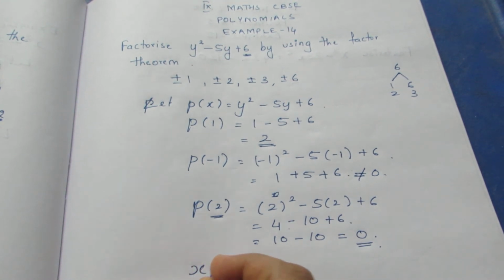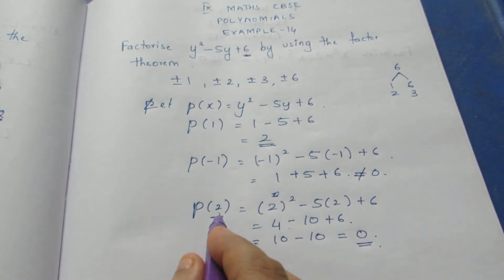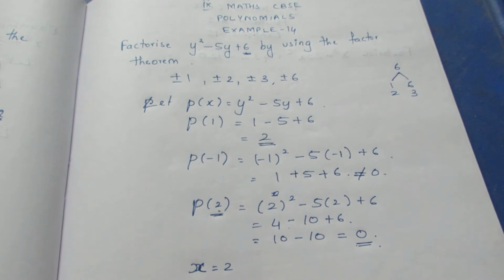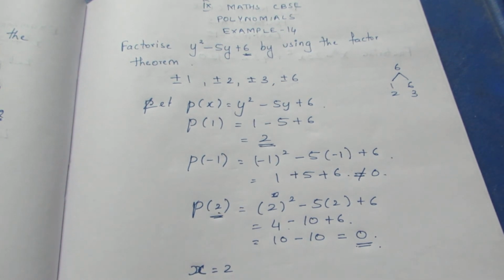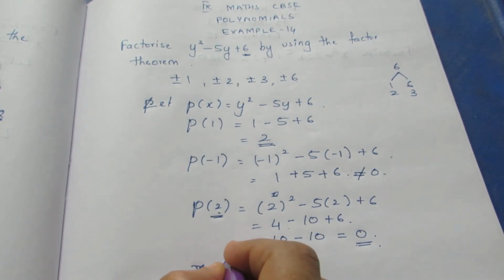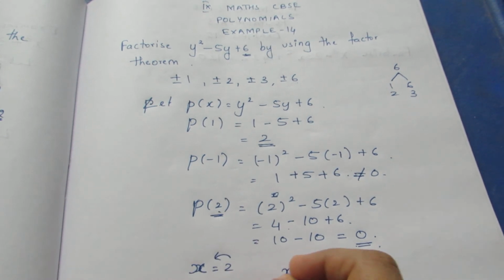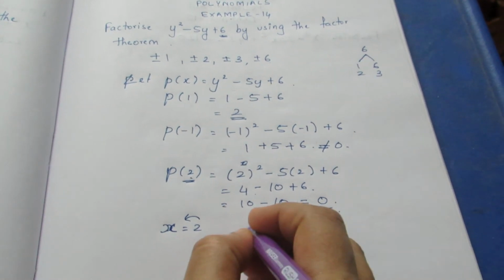So y is equal to 2. If 2 is the root, then y equals 2. If I take y to this side, it becomes y minus 2, which will be a factor.